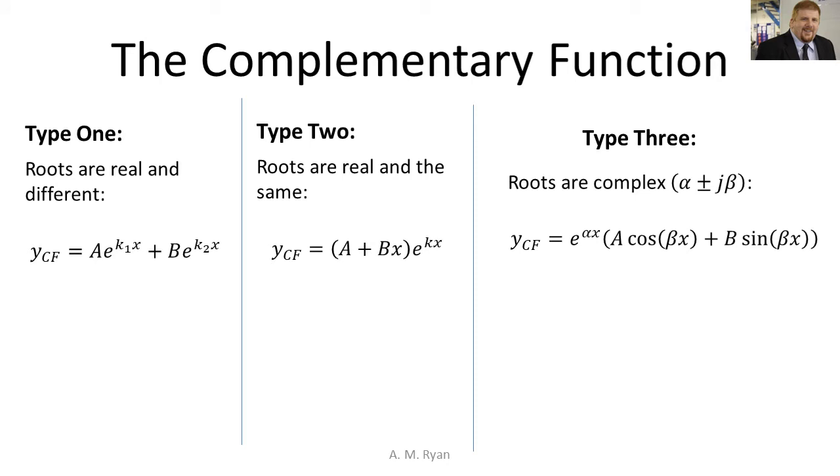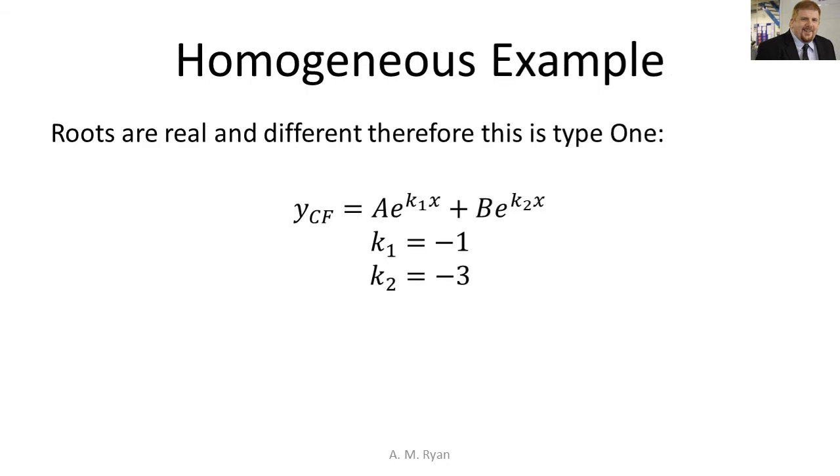Okay, so our system was real and different because k1 was minus 1 and k2 was minus 3, so this is our complementary function. We put the values of k in. It doesn't matter which we set as k1 and k2; whichever we choose, a and b's values will be calculated differently to make things balance up.